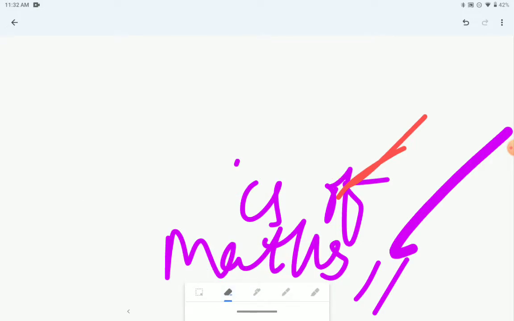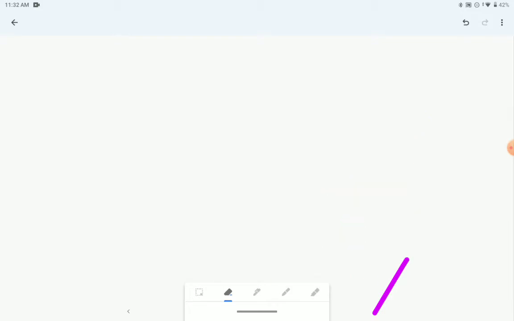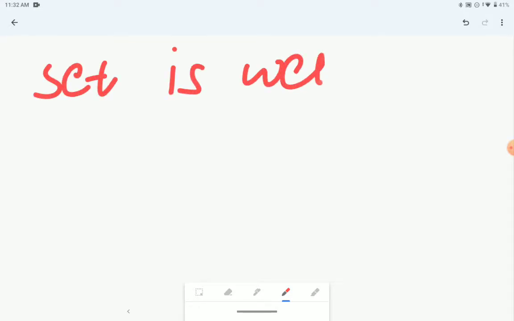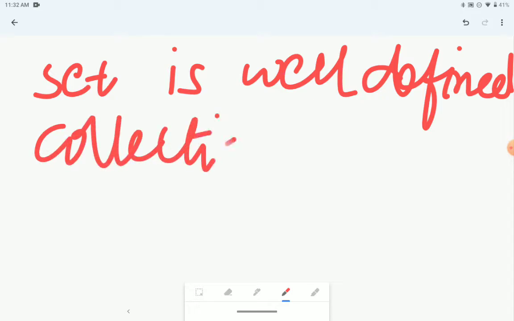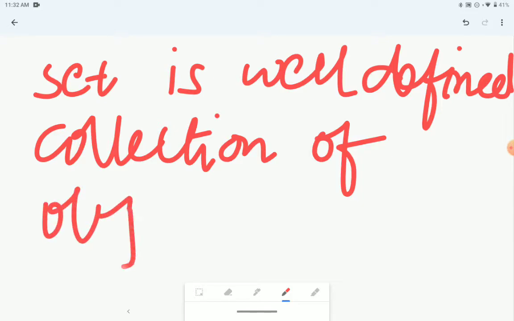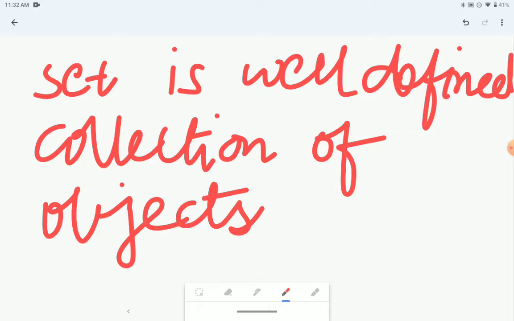Everybody knows that a set is defined as a well-defined collection of objects. Set is a well-defined collection of objects.